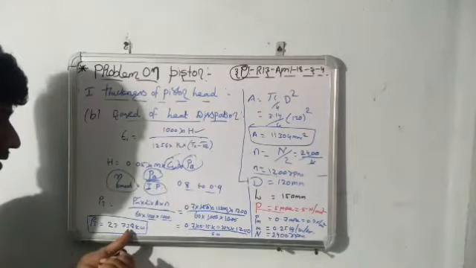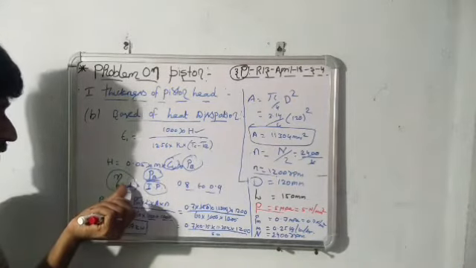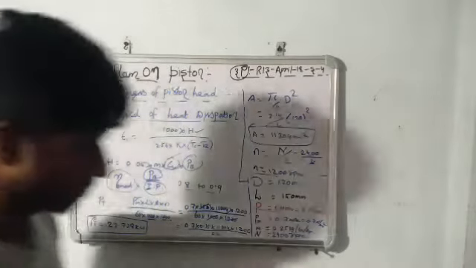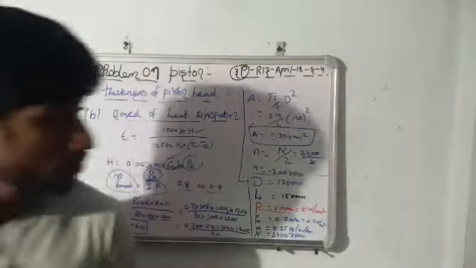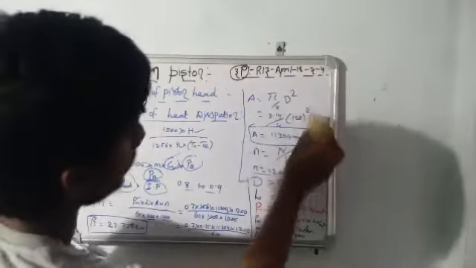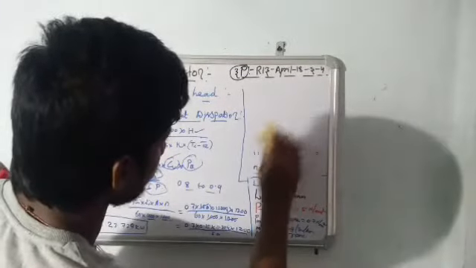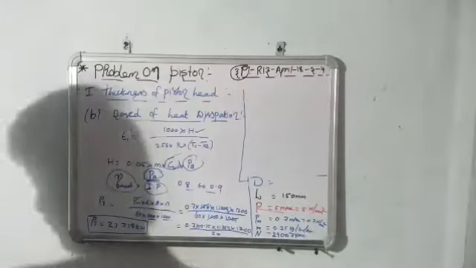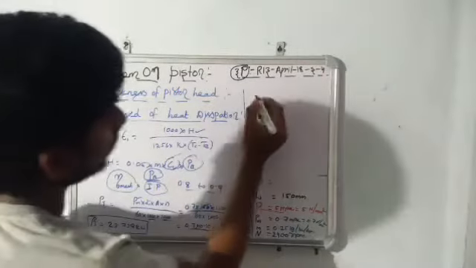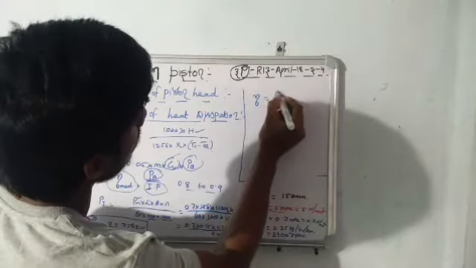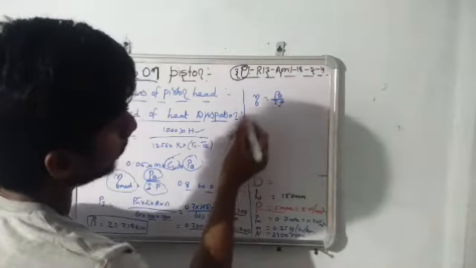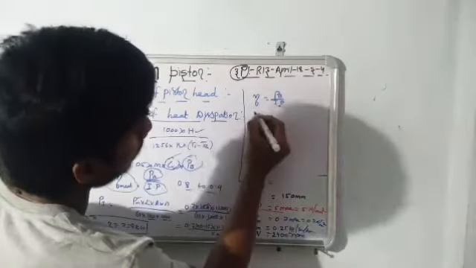Here we know PI. When we substitute this value in the efficiency condition, we get the brake power. So now efficiency equal to brake power by indicated power. Here we know the indicated power as well as the efficiency.